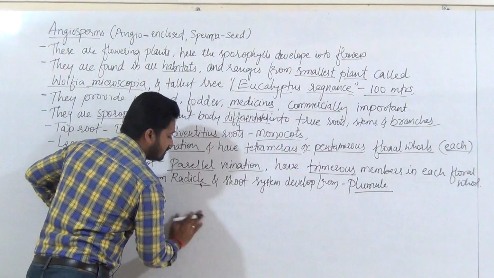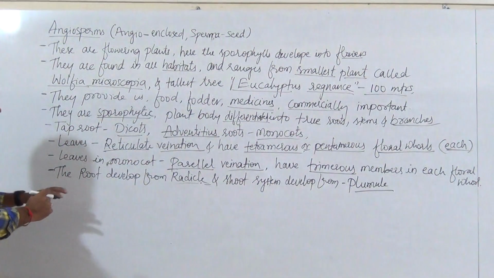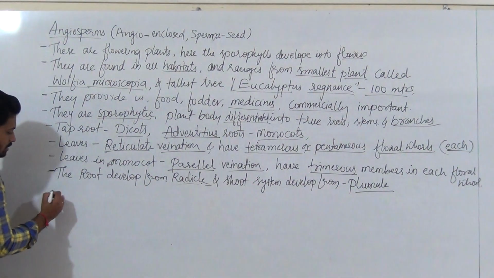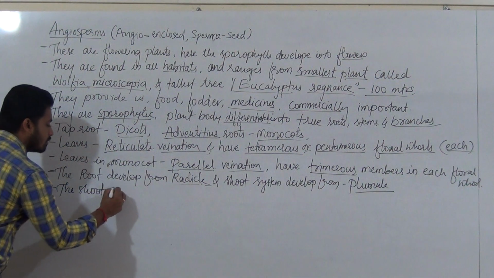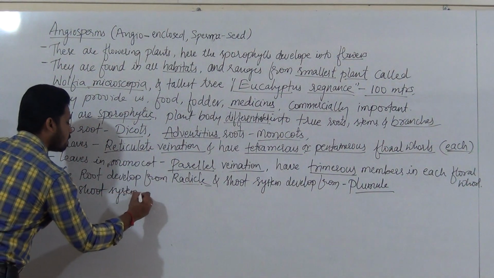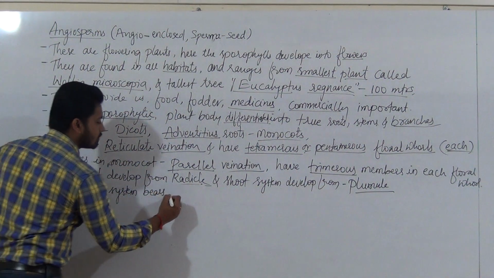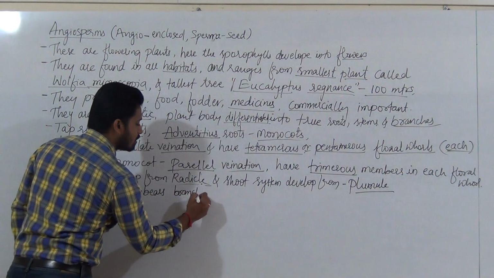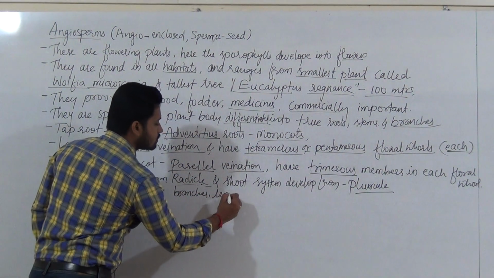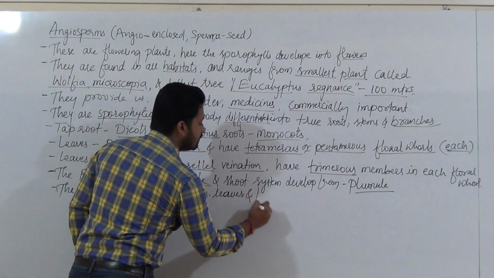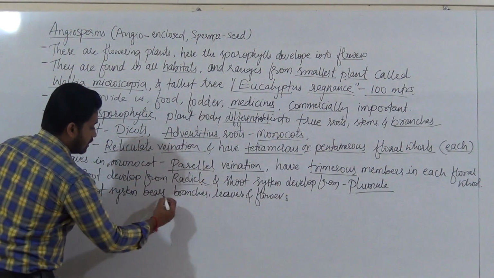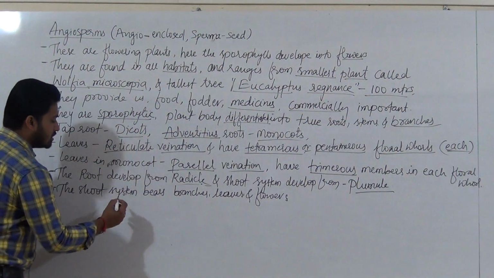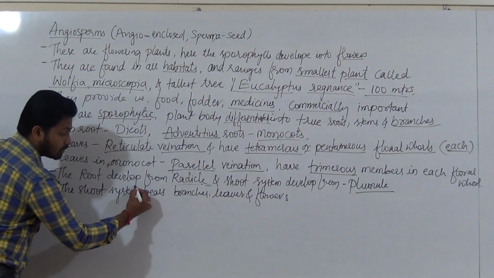Now after that, the shoot system bears branches, leaves, and even flowers. Remember the shoot system bears nothing but stem also, okay.